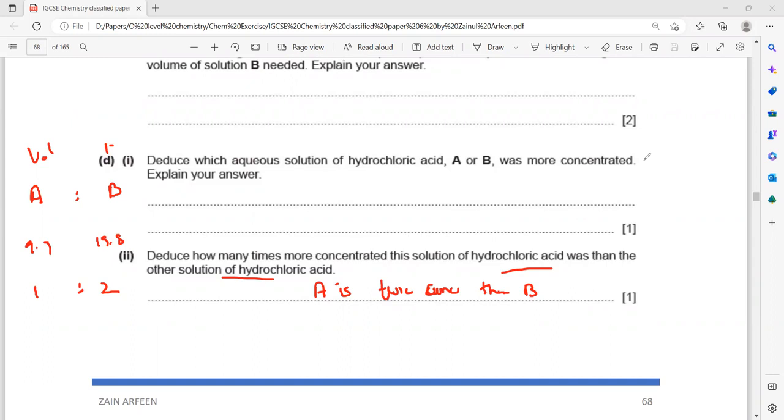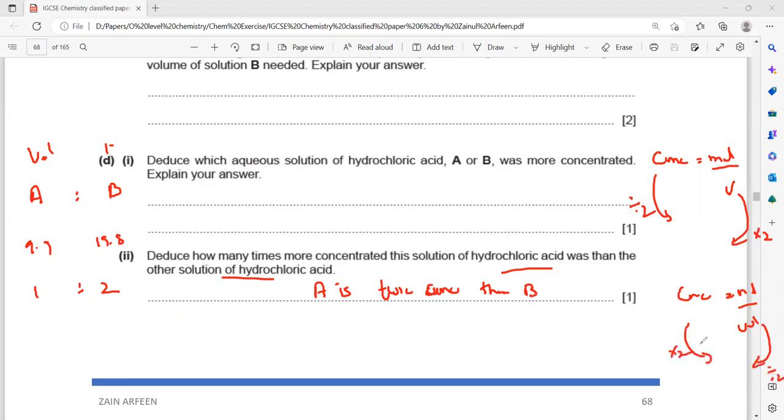Because the concentration formula is moles divided by volume. The volume of B is double, so its concentration is half. For A, the volume is half, so its concentration is double, because they are inverse: one is in the numerator, the other in the denominator. So if I'm talking about B I need 19.9, and if I'm talking about A I need 9.9.